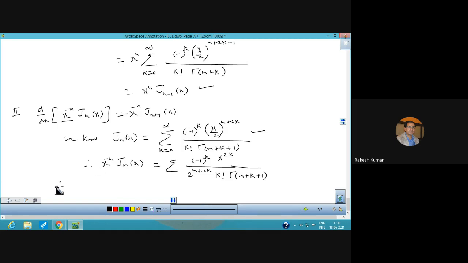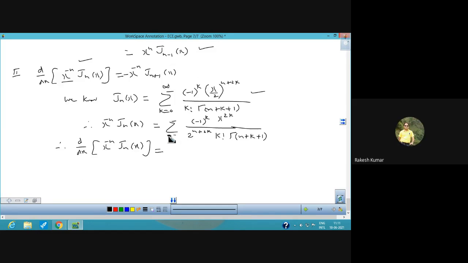Now you can find out the derivative according to the formula. So the derivative with respect to x of x raised to power minus n J_n(x). Now you can find out the derivative in this summation. The derivative, that is the summation k is 0 to infinity, minus 1 raised to power k.